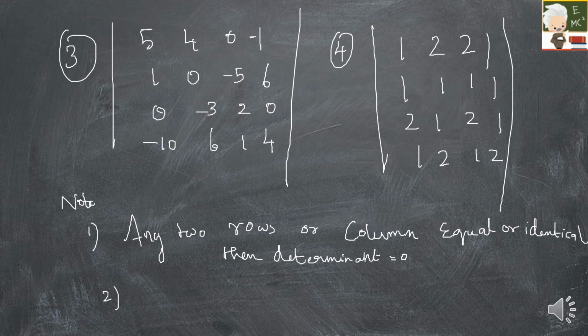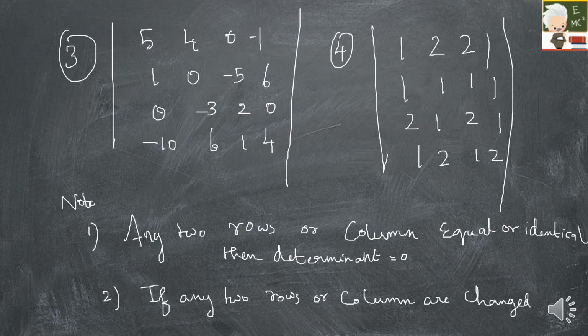Second, if any two rows or columns are interchanged, then your determinant will be negative. Just remember all these notes. This will be really helpful for you.